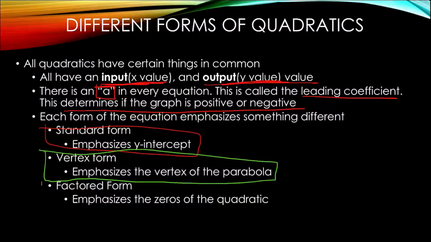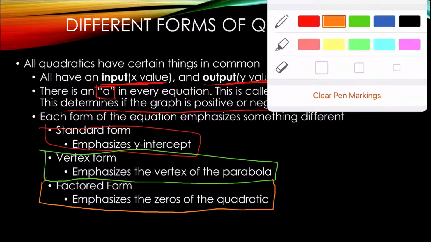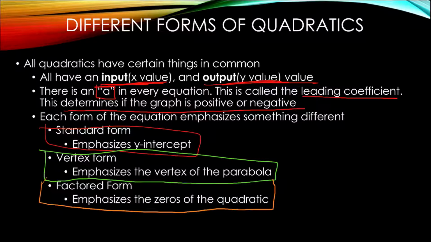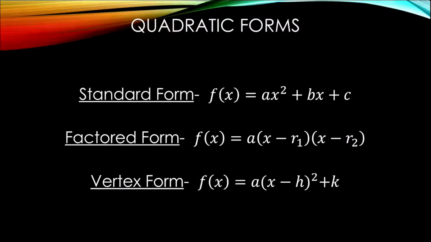And lastly, my factored form emphasizes the zeros of the quadratic, and we will be doing lots of stuff with zeros at the end of Unit 1 and a lot in Unit 2. Actually, Unit 2 and Unit 3 will have a lot of the stuff with the factored form of quadratics.